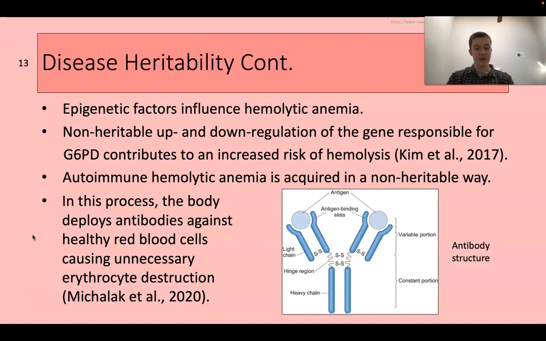So in addition to autoantibodies, the body mistakenly deploys macrophages, which are large white blood cells that destroy objects by phagocytosis, T cells, which are white blood cells that destroy the patient's own infected cells, and they also activate other immune cells, and cytokines, which are small proteins that function in cell signaling. And also aging of the patient's immune system is a primary mechanism which is involved in the development of autoimmune hemolytic anemia also.